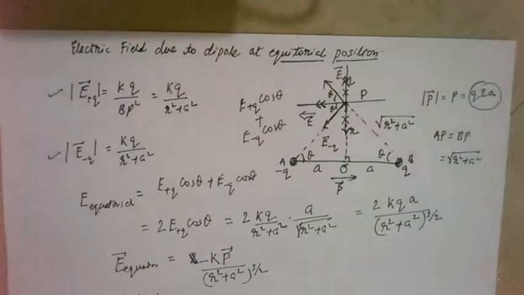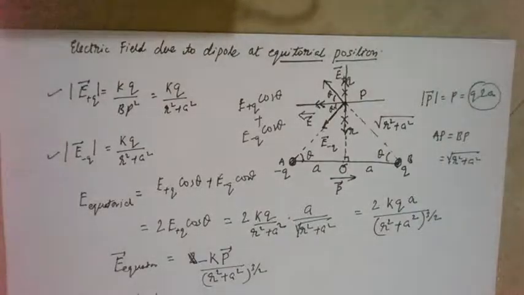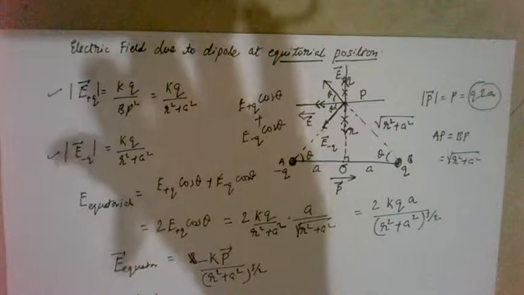In this case, E equatorial equals minus k p upon, if you neglect a square, r cube. So again we get E equatorial proportional to 1 by r cube. The magnitude is directly proportional to 1 by r cube. So this is the field due to an electric dipole at the equatorial position.